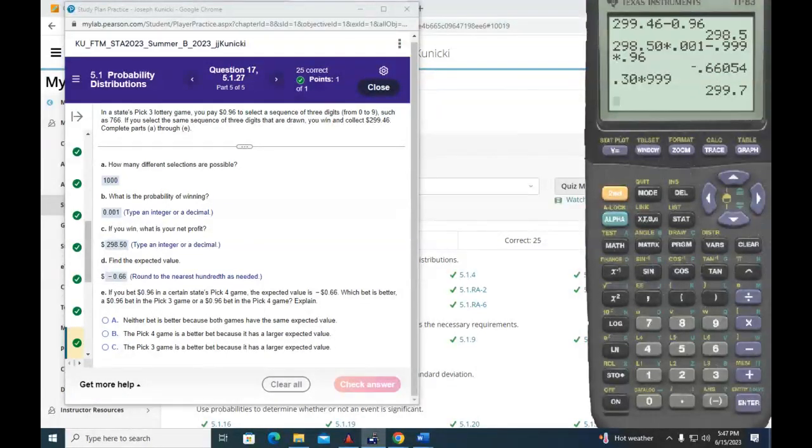If you played it a couple thousand times, you could expect to lose 66 cents for each ticket you bought over the span of a lot of tickets. That's the law of large numbers. There are a lot of people sitting around figuring all this out, the expectations and whatnot, and then they devise all these games.